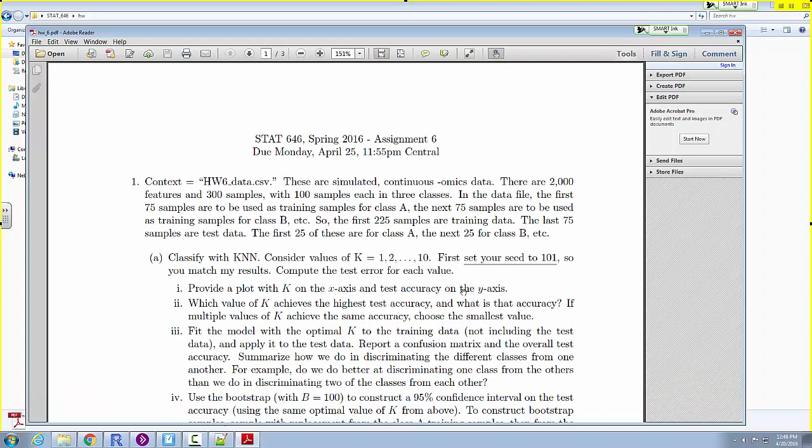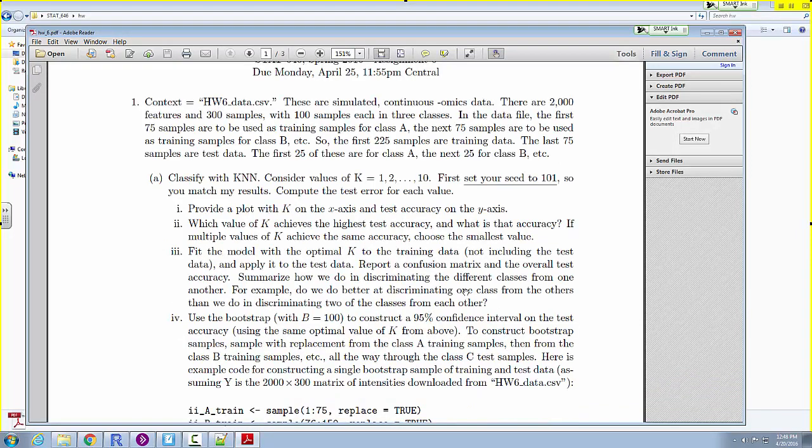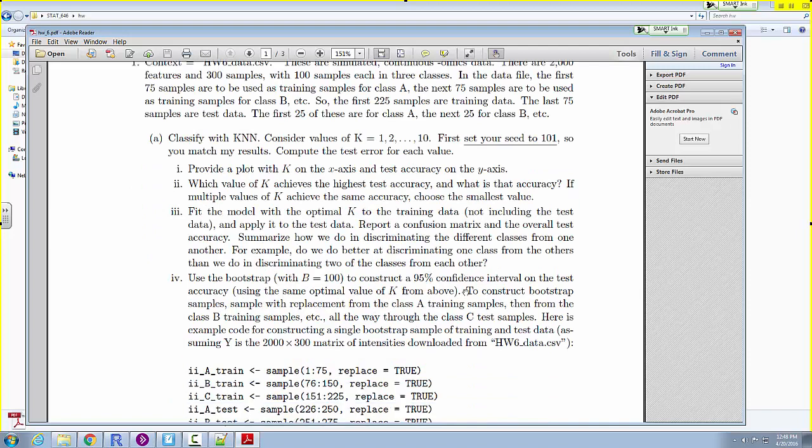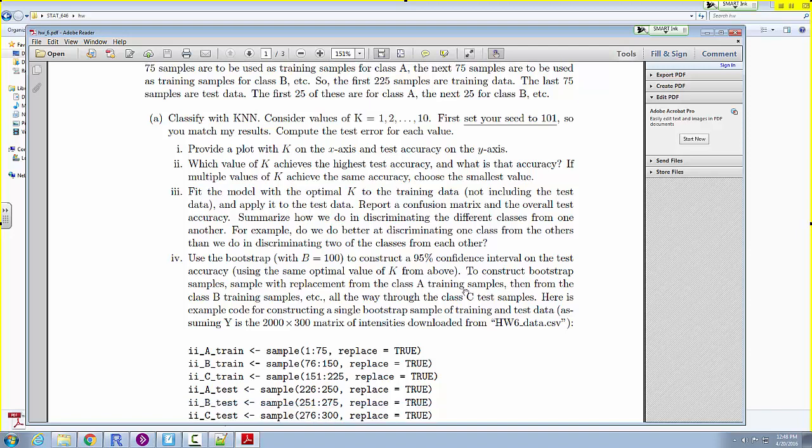All right, let's go back to homework 6. 1A. Right, okay, so 1A, you're going to do K nearest neighbors.